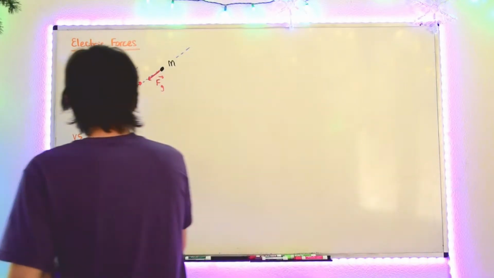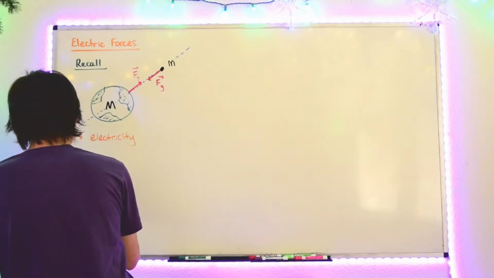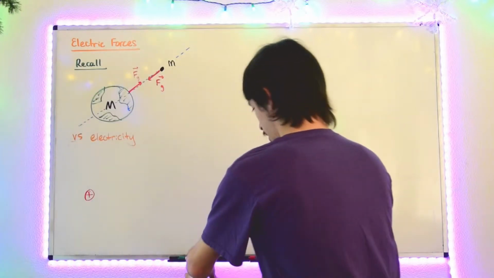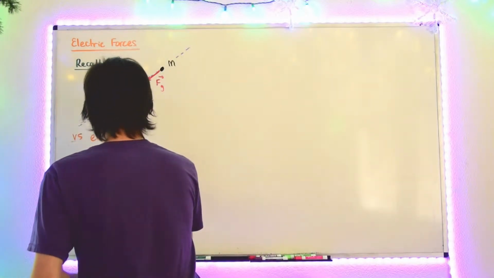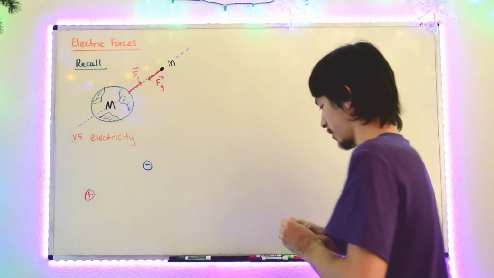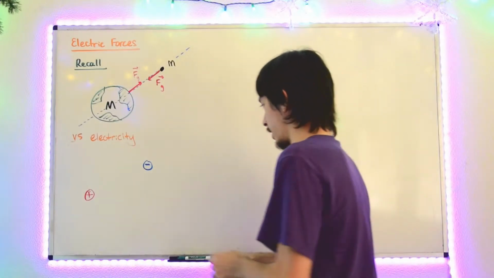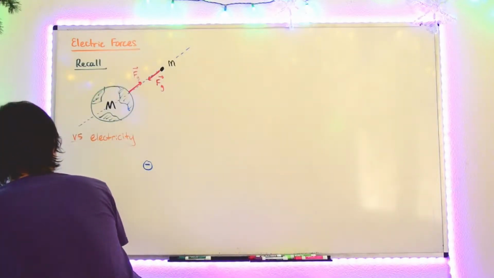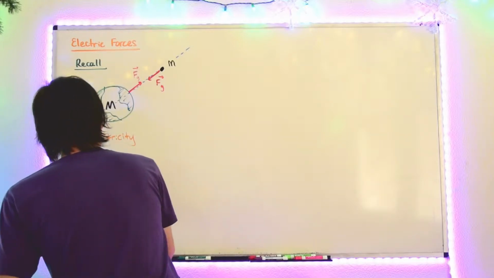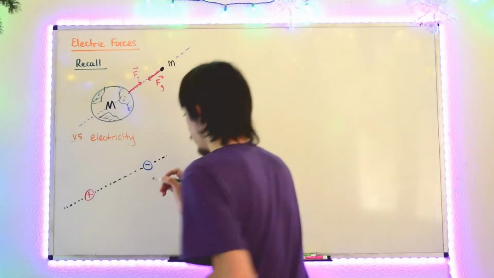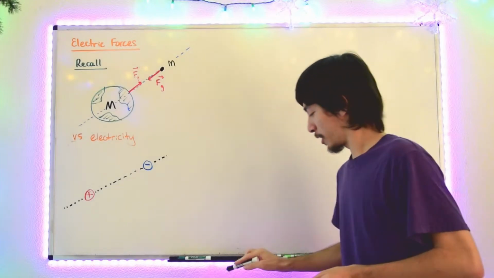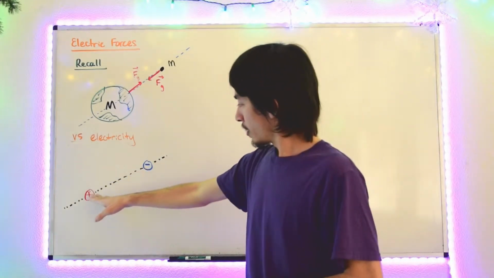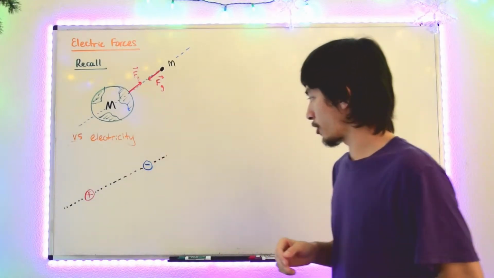Let's say we have a proton or some positive charge, and an electron or some negative charge. We draw that line that connects the two together, almost like a shish kebab. Delicious particles. So we have some positive and negative charge.